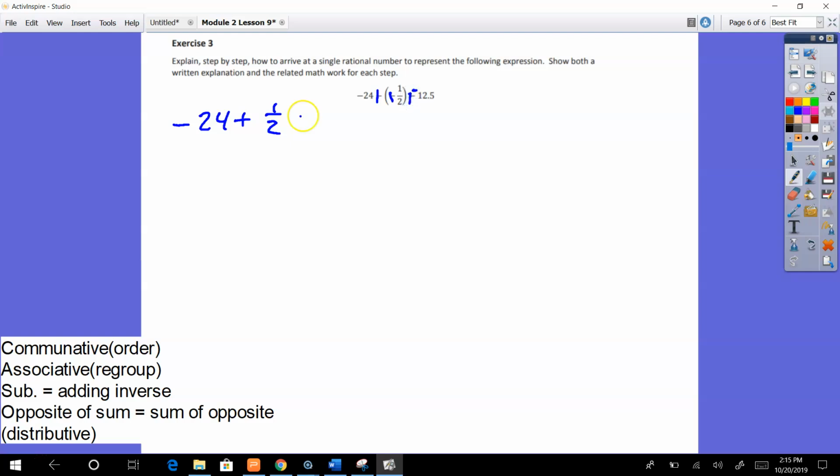Add the opposite, so we're adding a negative 12.5. Again, we can put parentheses around it if it makes you happy. So then you might change your fraction half to 0.5.